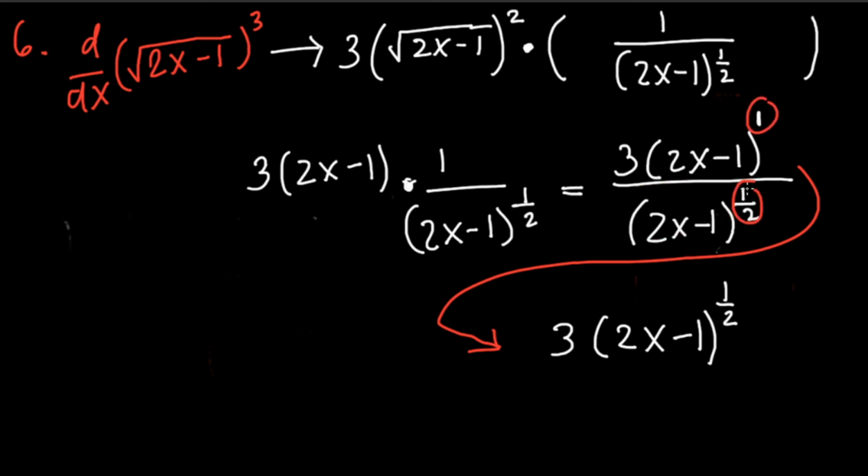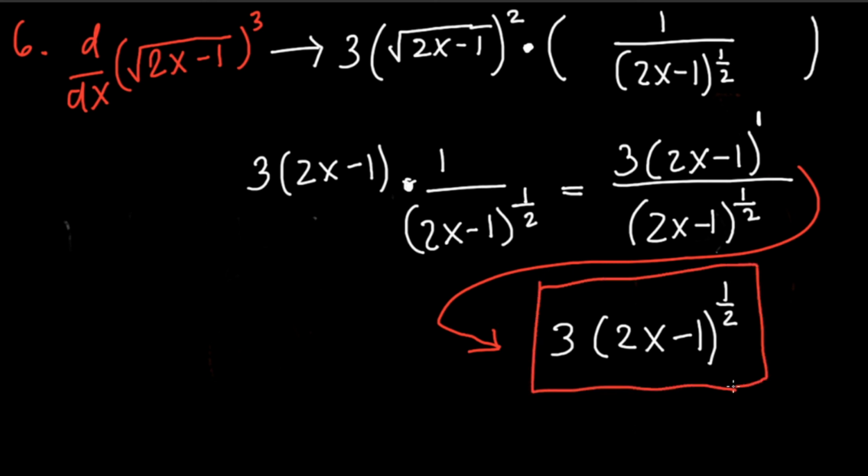Kaso mas malaki yung 1 kaysa sa 1 half, kaya sa taas malalagay. So, acceptable na to. Pero dahil ang given natin is radical, pwedeng ang sagot, or 3, ko-convert mo yun sa radical pabalik. So, kahit andyan sa dalawa.